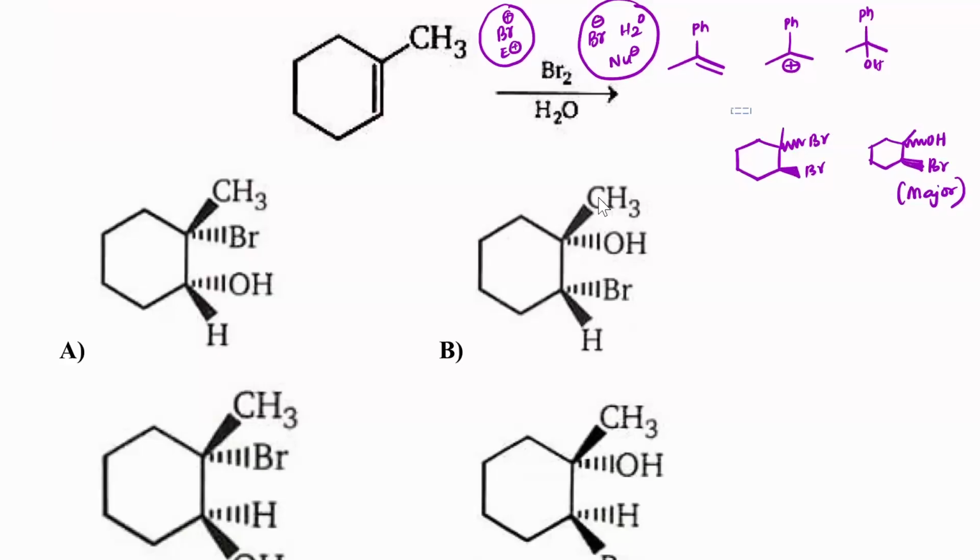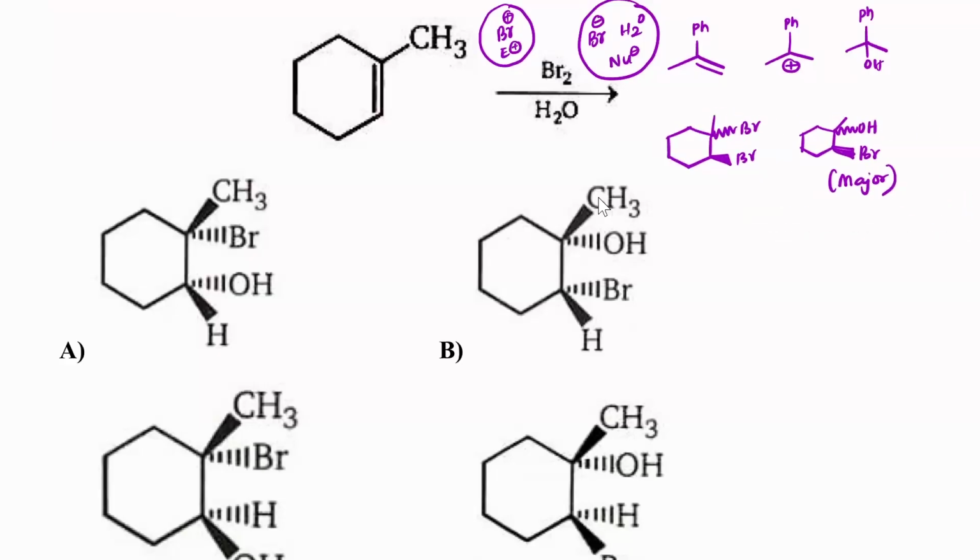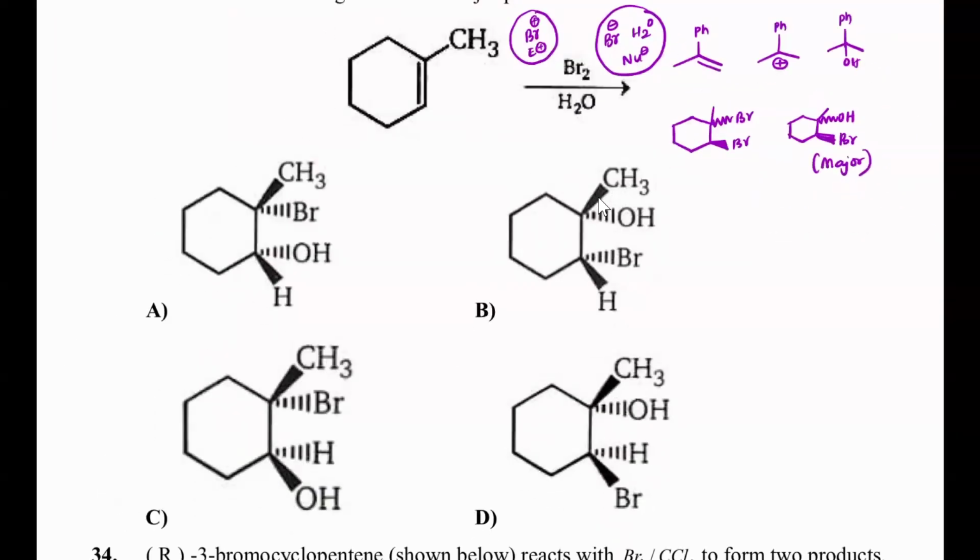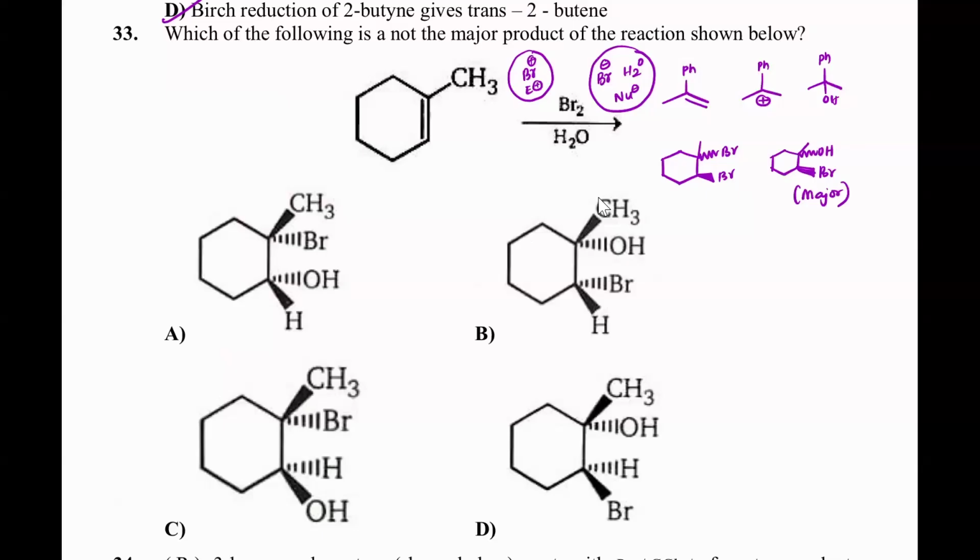Clear, guys? So check out which options are matching here, which is not the major product. Br and OH, okay, so will this come? Yes, it might come. Anti-Markovnikov addition would happen, but to a very small extent.